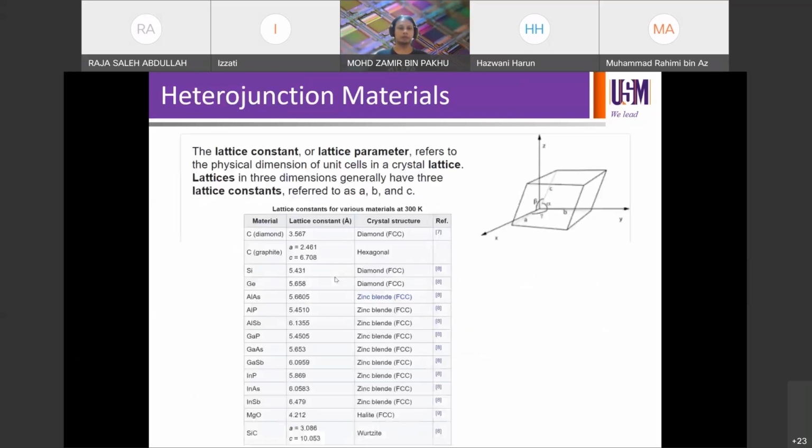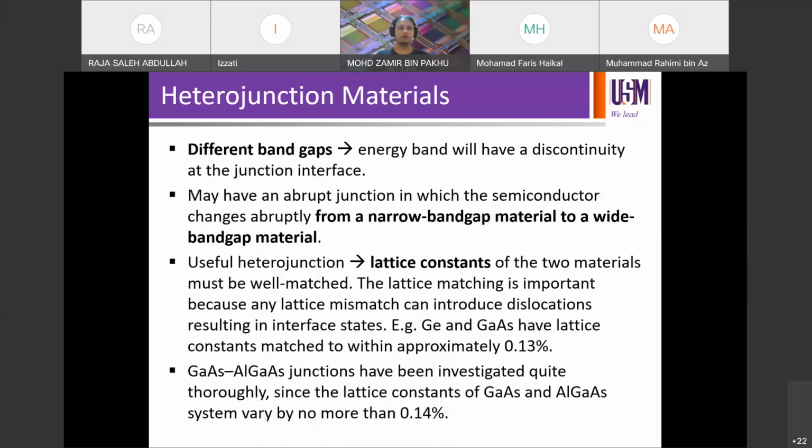So when we form a heterojunction, we should expect discontinuity at the junction interface due to the combination of a narrow bandgap material and a wide bandgap material, right?